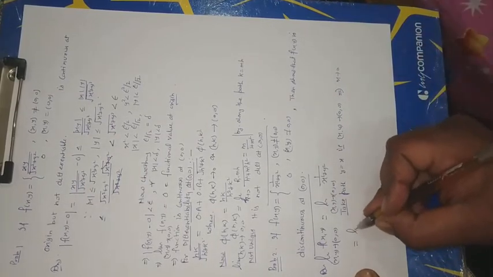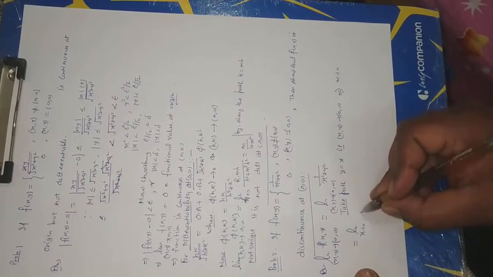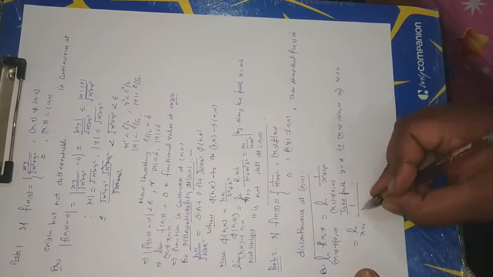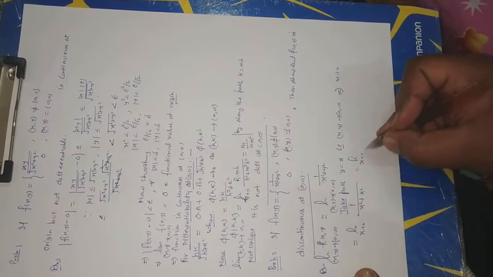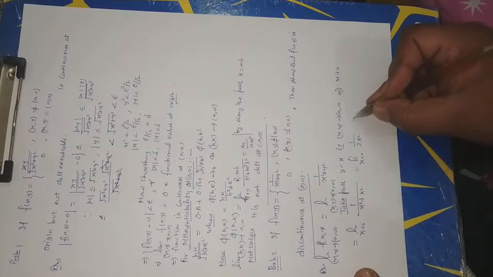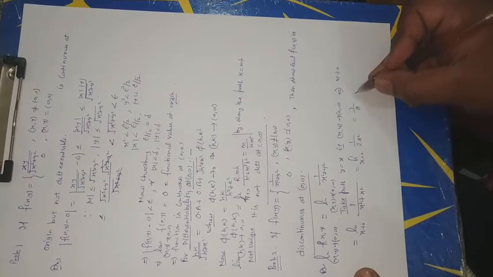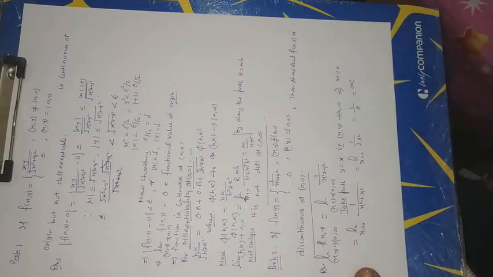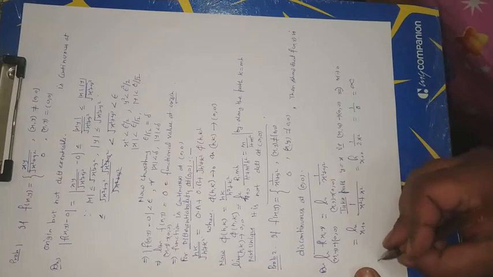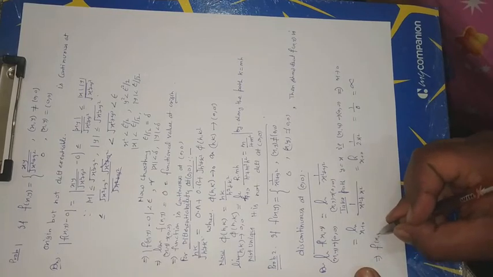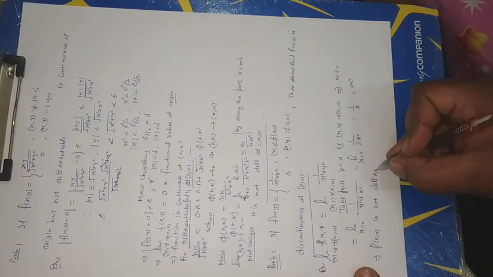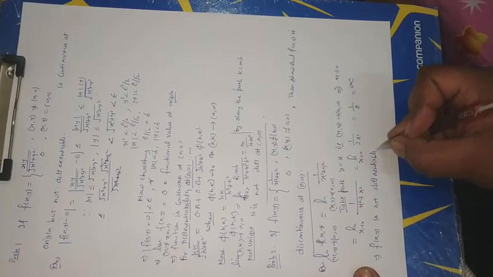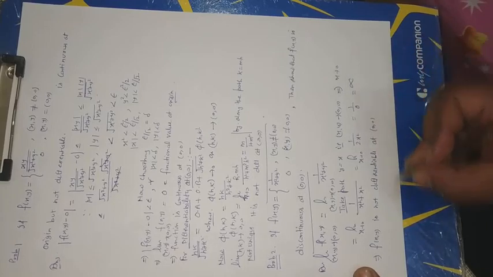This is equal to limit x tending to 0. Now we put here y equal to x, that is x square plus x square. Now limit x tending to 0, this is equal to 2x square. This is equal to 1 upon 0, which is equal to infinity. Okay, that is, f(x,y) is not continuous, implying f(x,y) is discontinuous at origin. Okay.